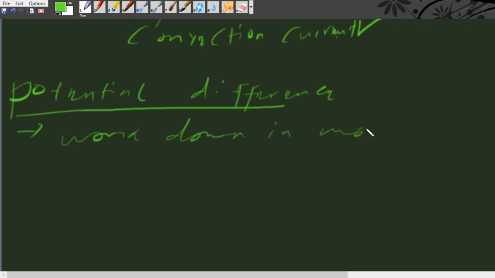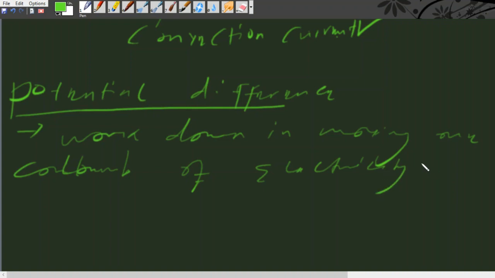So this is defined as the work done in moving one coulomb of electricity between the points. That's the definition.